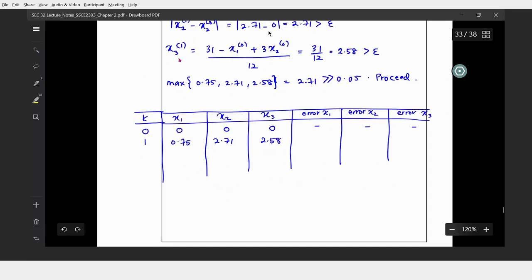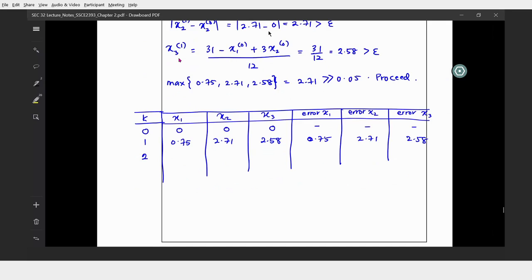And all the error is supposed to be here, 0.75, 2.7, 2.58. First iteration you should be able to fill in 2 rows in your table. So based on the error, the maximum is 2.75, meaning you cannot stop yet. So you are supposed to have k equals 2.